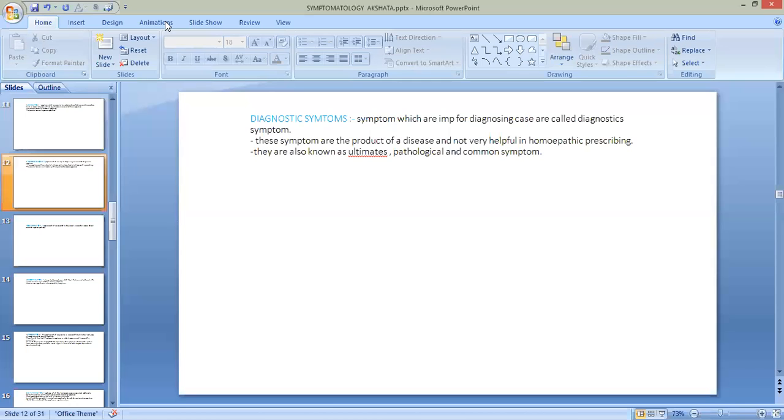So these symptoms are also known as the ultimates, pathological or common symptoms of the disease.